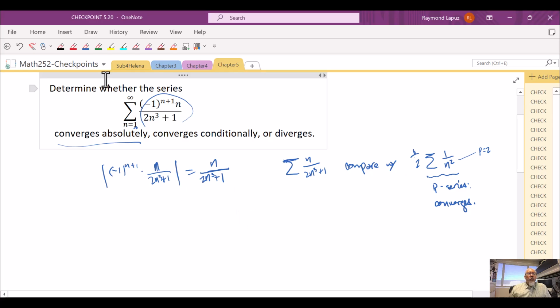Okay, so what tests are we going to use? It's a comparison test. We can use a regular comparison test, or I'll use a limit comparison test.